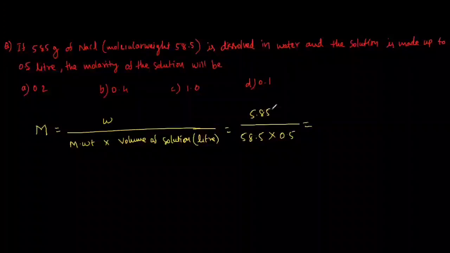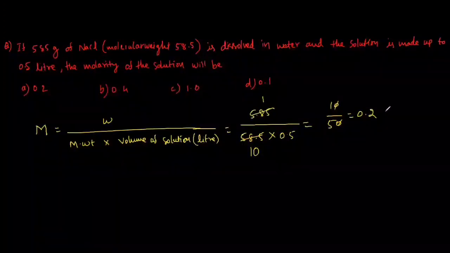Now here, 10 by 50, then the 0 gets cancelled, giving 0.2 moles.